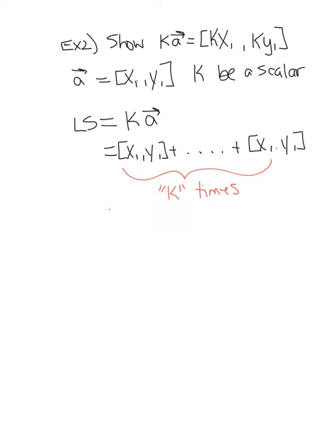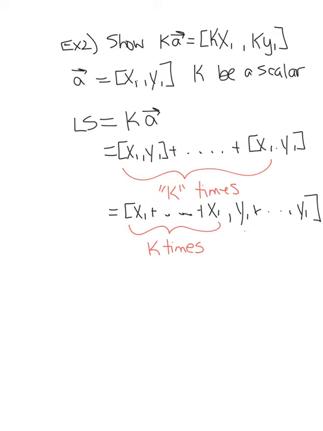Now, if I do this, I know that I'm going to have x1 plus dot, dot, dot, plus x1, and we're going to have that k times. So we're going to have k number of x's. And then I'm going to get y1 plus dot, dot, dot, y1, and I'm going to have that k times.